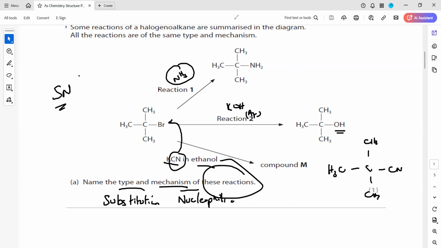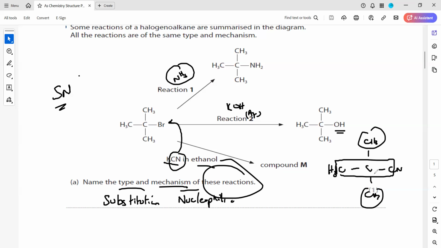So how do we name this compound? We select the longest carbon chain. This is the longest carbon chain, and these two are the branches.